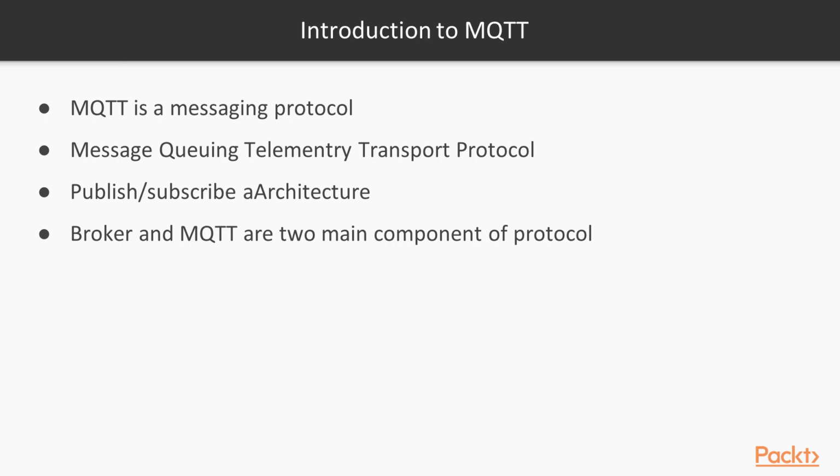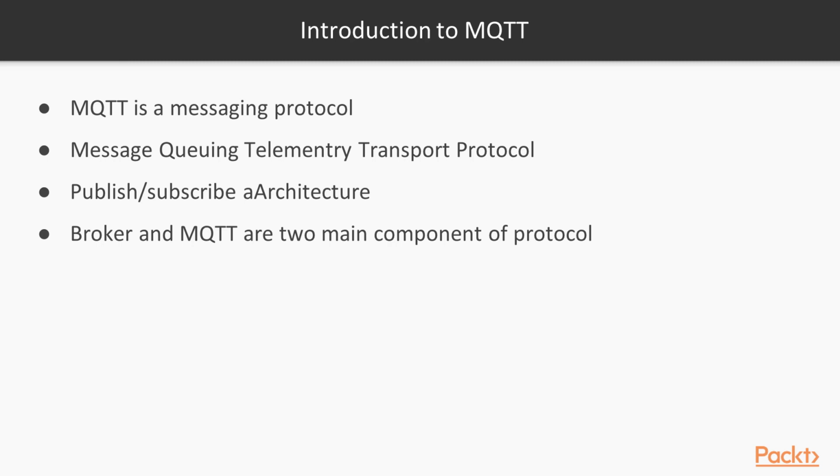If an MQTT client subscribes to a message, that client is known as a subscriber. The broker is responsible for receiving all messages, filtering the messages, determining who is subscribed to each message, and sending the message to that subscribed client.